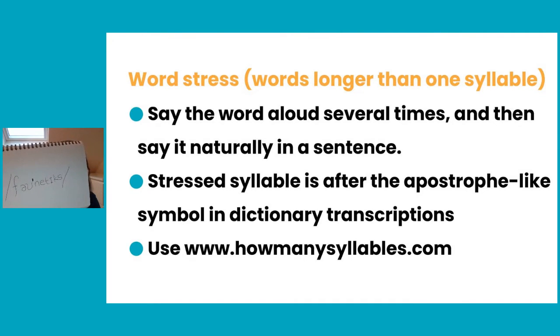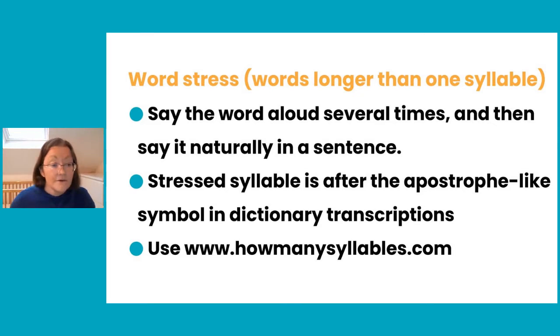And you can see that the apostrophe is right before the net. This lets us know that net is going to be stressed. So it's phonetics. So use those dictionary transcriptions. They're super, super helpful. The stress syllable will always be the one after the apostrophe.